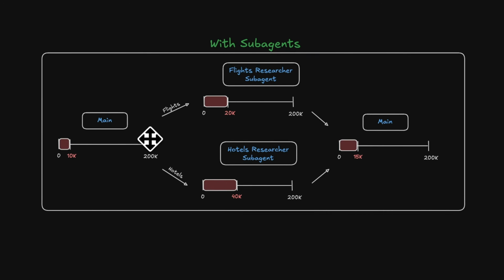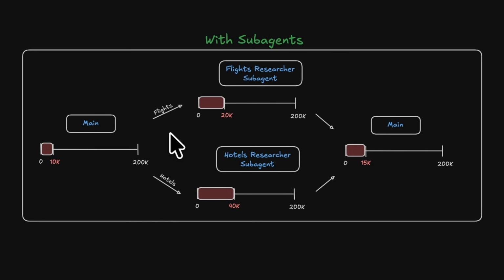But what will happen when we use subagents? So this is the main session in Claude Code, but now we're going to execute two subagents, one for flights and the second for hotels. Both of them are going to consume the same context size like we had without the subagents. So the flights researcher subagent is going to consume 20k and the hotels researcher is going to consume 40k.